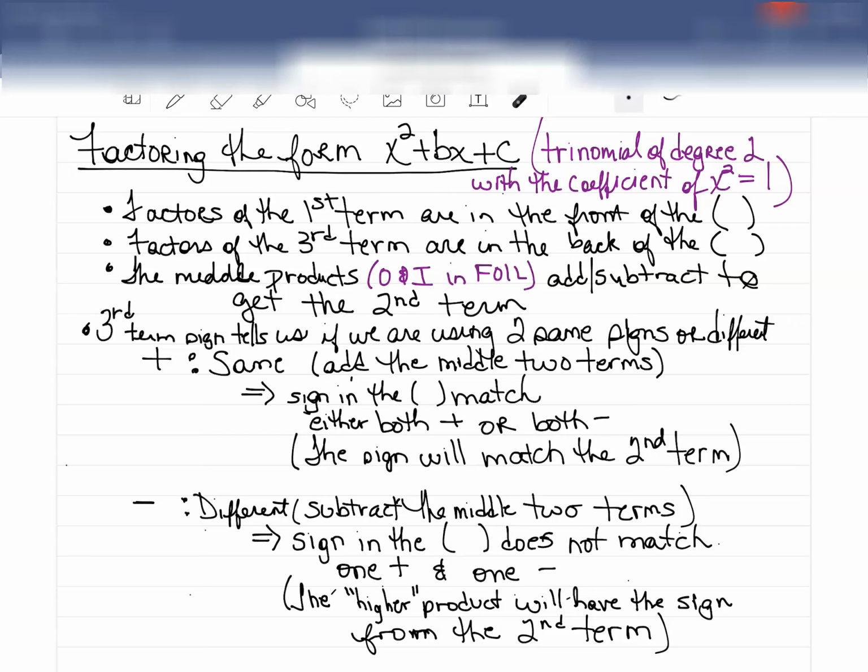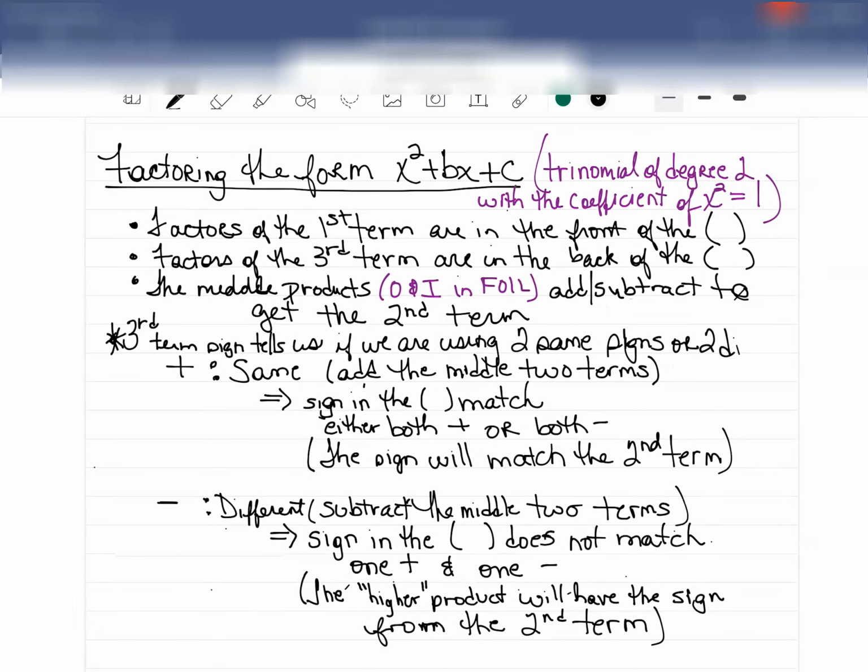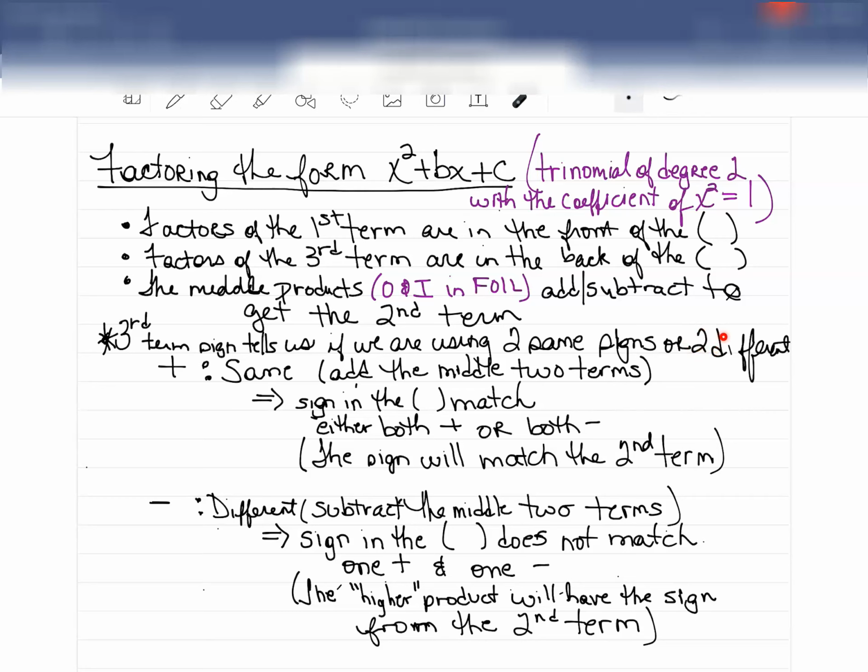Some things to keep in mind. Third term sign is going to tell us whether or not we have 2 same signs or 2 different signs in the parentheses. If in front of that third term you see a plus, then you have the same signs, which means we need to add the middle two terms.